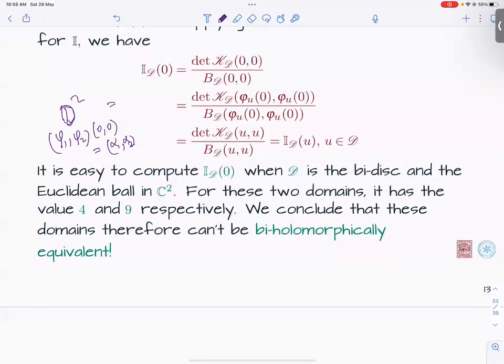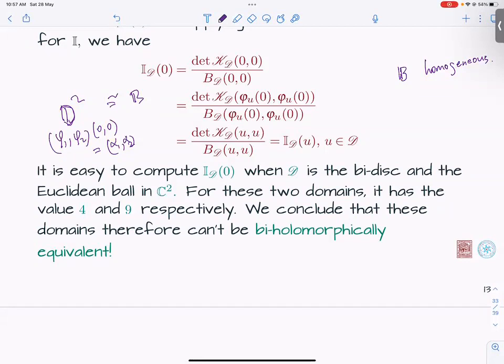But if D_2 is biholomorphically equivalent to the Euclidean ball, then the Euclidean ball, after composing with this biholomorphism, will also be homogeneous. Okay, whatever that means, let's not worry about that. It turns out that even on the Euclidean ball, you can see this directly if you like, but it will follow from here that the Euclidean ball is also homogeneous if you assume that the bidisk and the Euclidean ball are biholomorphically equivalent.